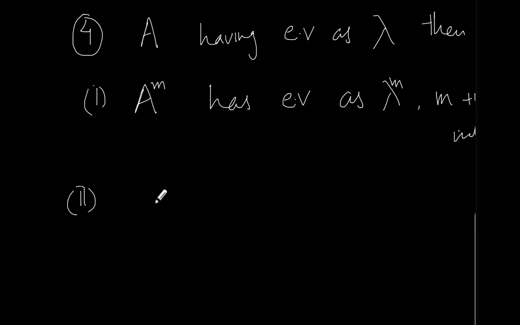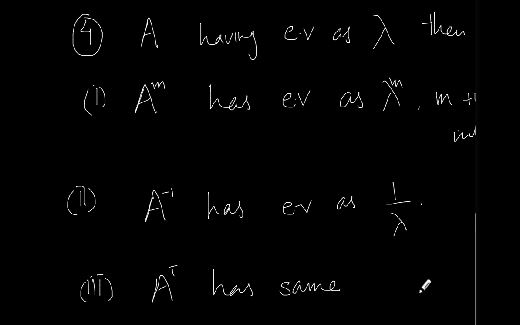Second, if matrix A has eigenvalue lambda, then A inverse has eigenvalue 1 upon lambda. And the third point is that A transpose has the same eigenvalue lambda. So these are some properties of the matrix. Okay. So I hope that this lecture helps you.